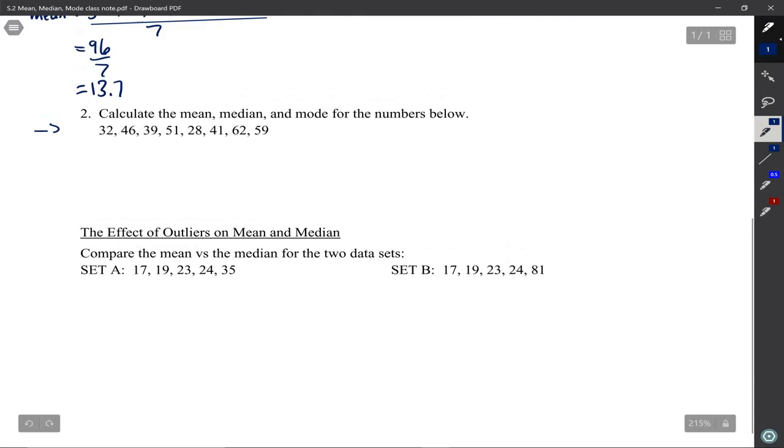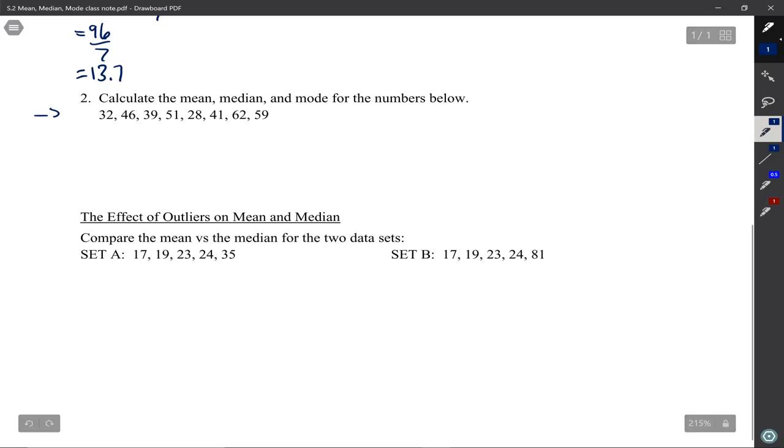And then we're going to look at the effects of outliers. Again, an outlier is a data point that doesn't fit in with your data. Sometimes an outlier can come because there was an error collecting your data, or because something shouldn't belong there where it is.